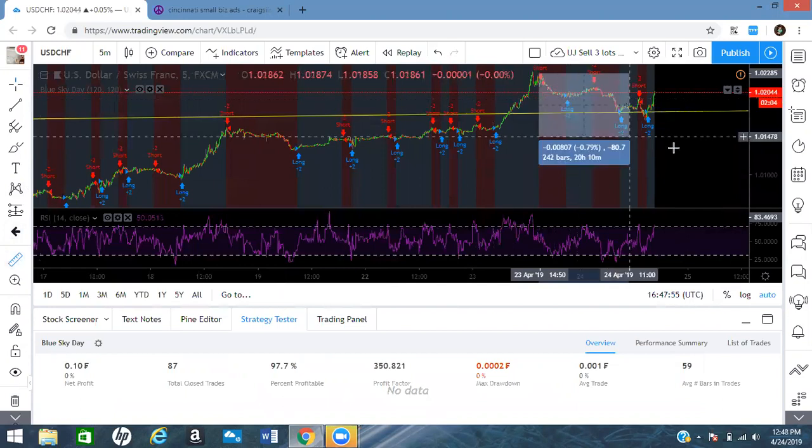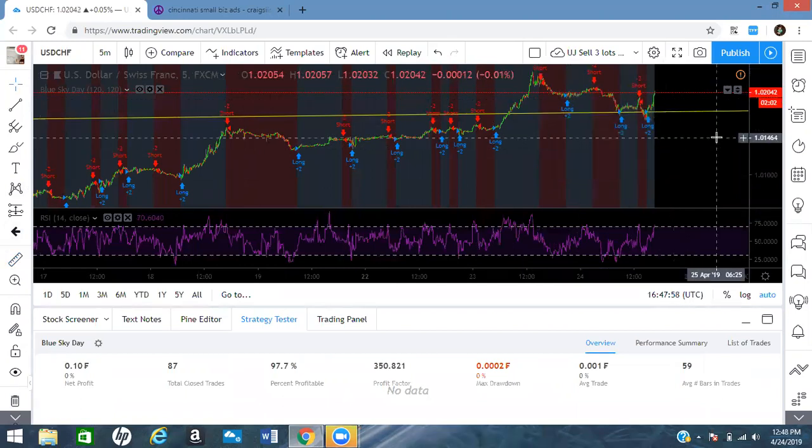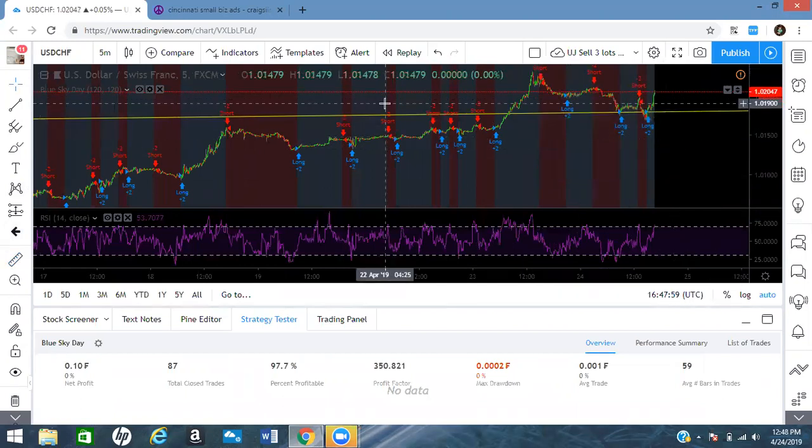Now, I don't want you to solely rely on this indicator, so you can do a couple different things here. I always recommend market structure and price action first. Ideally, what you want to do is find a place of support or resistance. You want to find a key level in conjunction with the indicator.